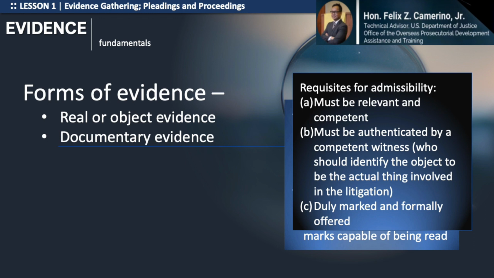When Twitter or Facebook complies, there is an authentication process that involves certification by the U.S. government, such that when you receive it back in the Philippines, you already have the necessary authentication.